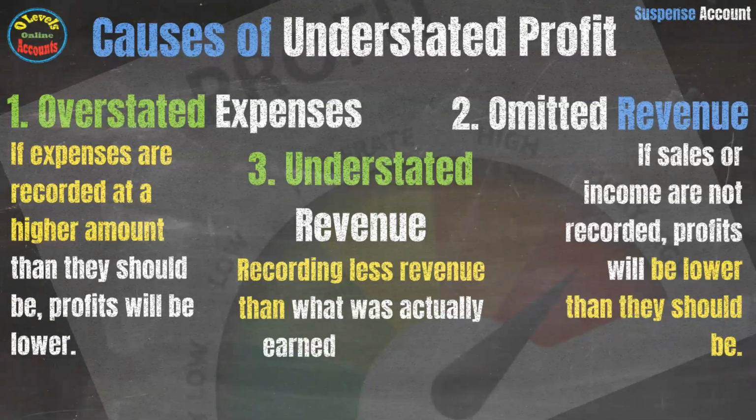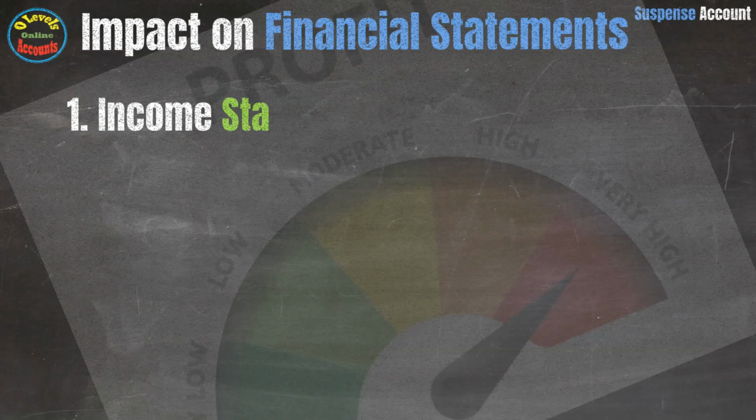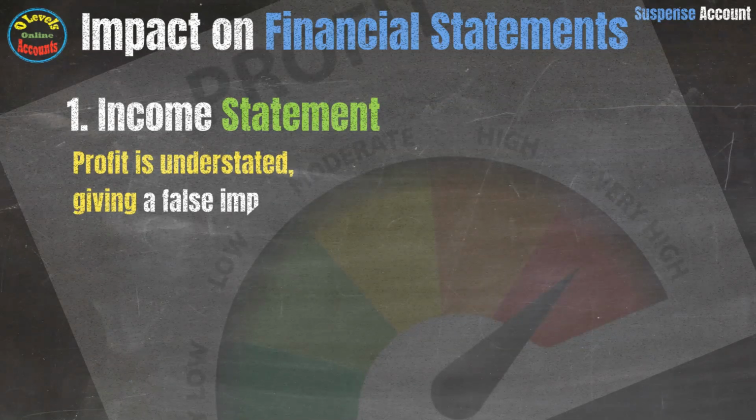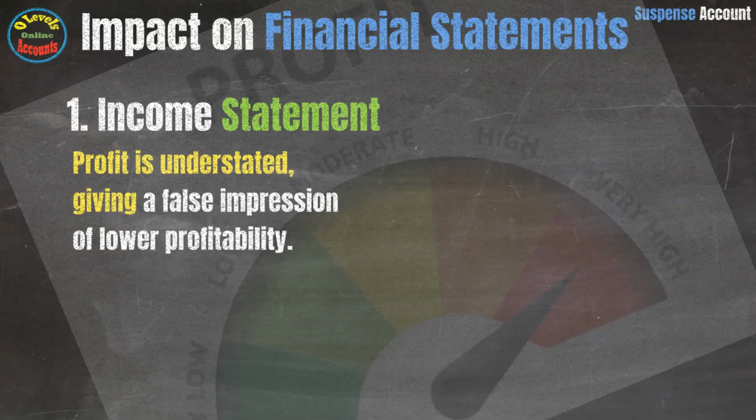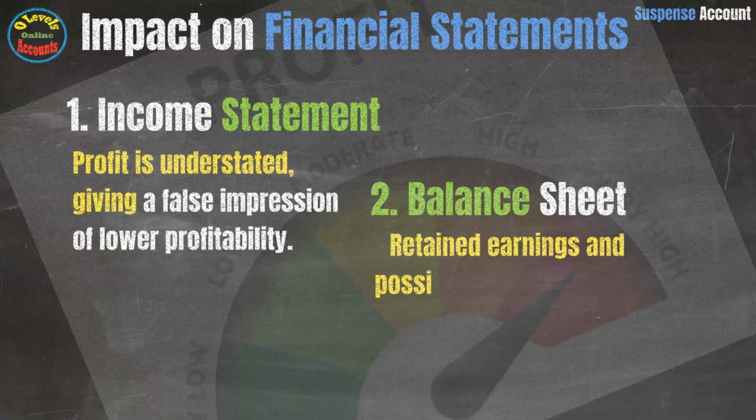Let's check the impact of understatement of profit on the financial statements too. First, we will check the impact of understatement of profit on the income statement. Profit is understated, giving a false impression of lower profitability. Secondly, on the balance sheet, retained earnings and possibly the assets will be understated.